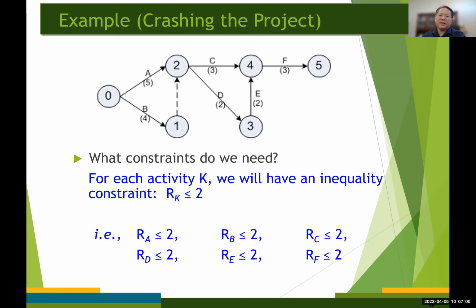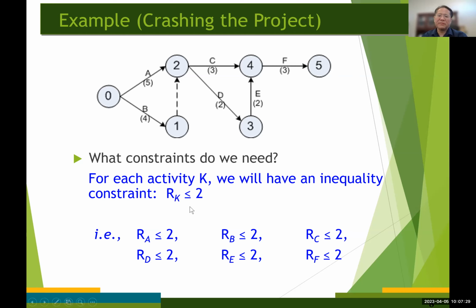Okay, then what constraint do we need? Because we know that by allocating these additional funds to an activity, the duration of each activity can be reduced by at most 2 days. So we will have an inequality constraint for every activity, A through F, right?